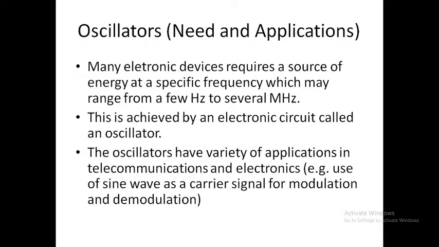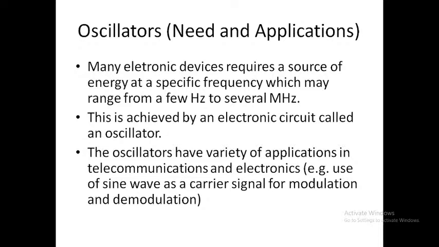This is done by using oscillators. Many frequency signals, ranging from a few hertz to megahertz, will be required. These frequencies or signals can be achieved by an electronic circuit known as an oscillator.